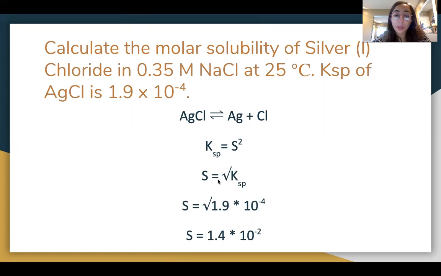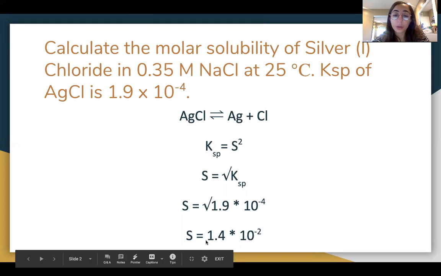So here we isolated the S, which is what we want, and then when you take the square root of 1.9 times 10 to the negative 4, which was given to us, you'll get the molar solubility of silver chloride to be 1.4 times 10 to the negative 2. So that's how you go about doing the first problem. Let's see another problem.